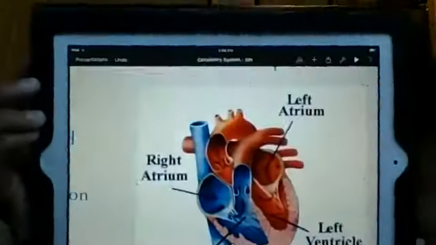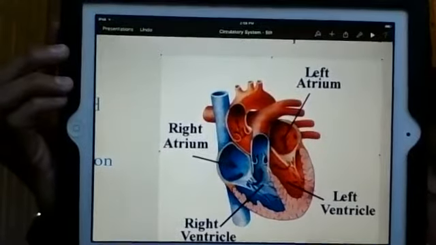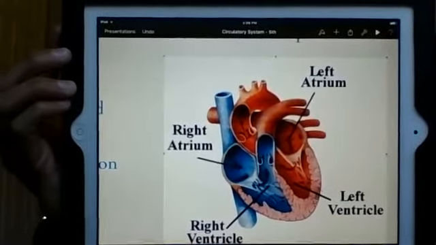Now, inside our heart, there are those 4 empty chambers or sections. These chambers are stacked, 2 on the top and 2 on the bottom. Let me show you a picture of that. We have our right atrium and left atrium, and our right ventricle and left ventricle.